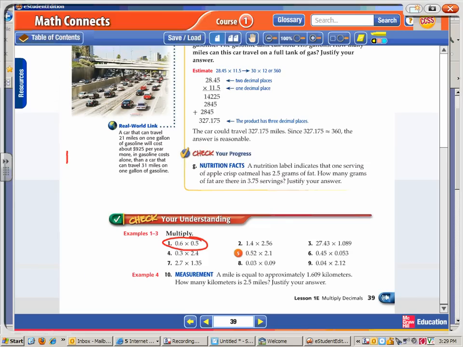So in a base 10 block, we had a flat, and in that flat, we highlighted 6/10 because we know that a long is a tenth. And so we had 6/10 on this side. And then we were going to shade in 5/10 on the opposite side.